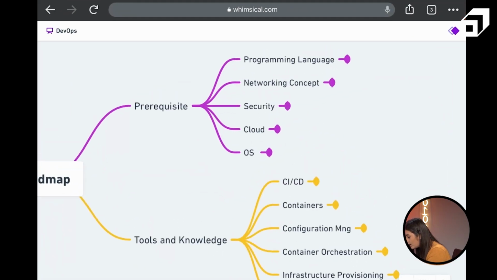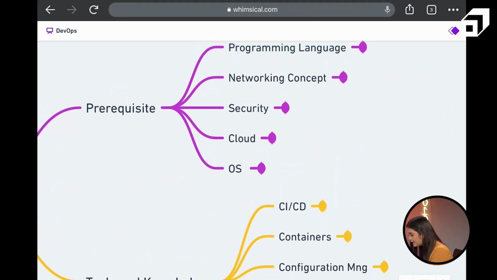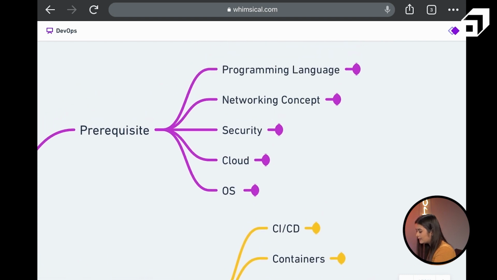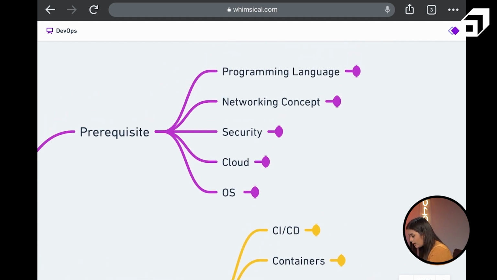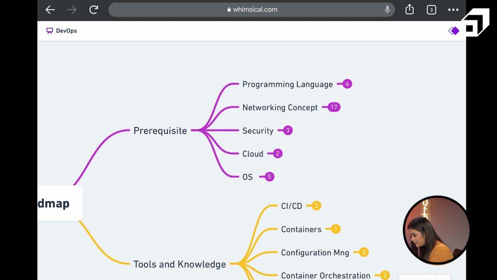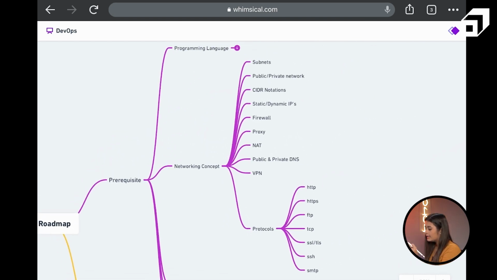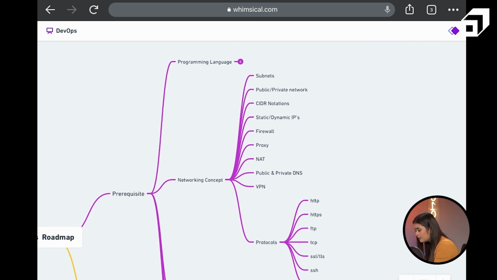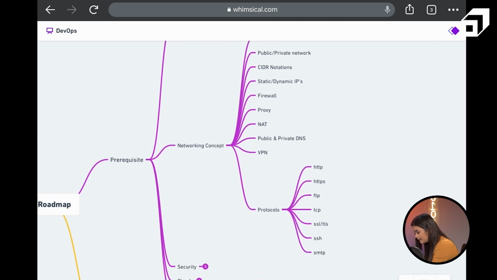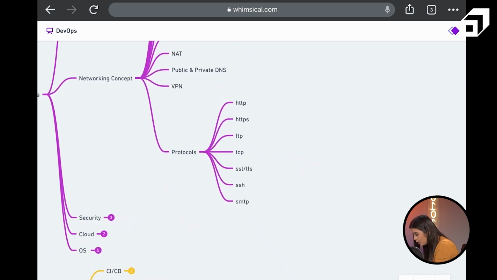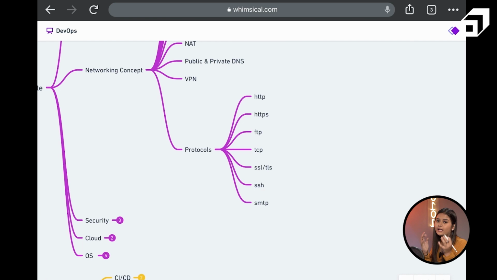Let me tell you, I have drawn the same stuff here in this diagram. We can share the link and everything. So programming languages I already covered. These are the programming languages, and the same things are here as well, what I was telling on that slide, like what the steps are. The very first we covered was programming language, and after that these networking concepts, like how to manage these protocols, how to manage servers.